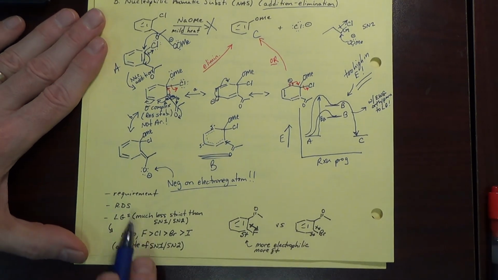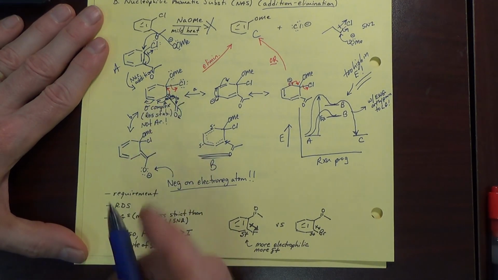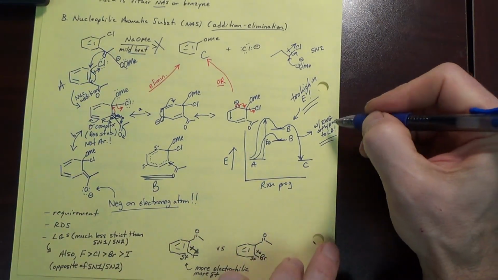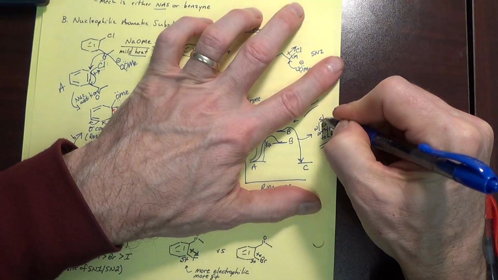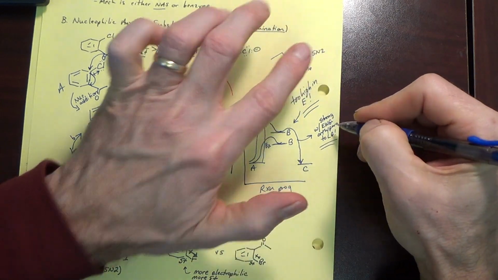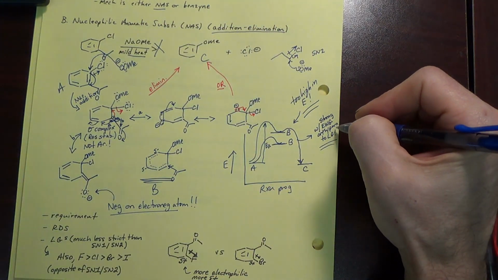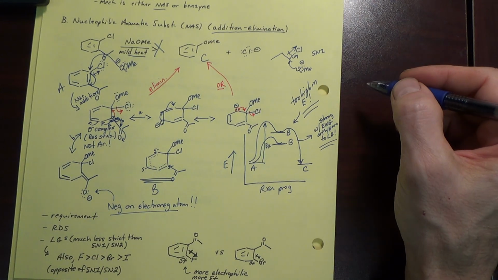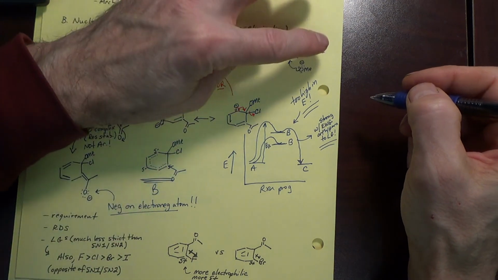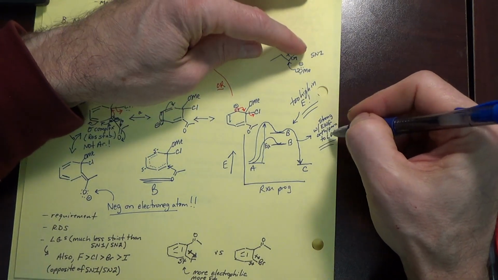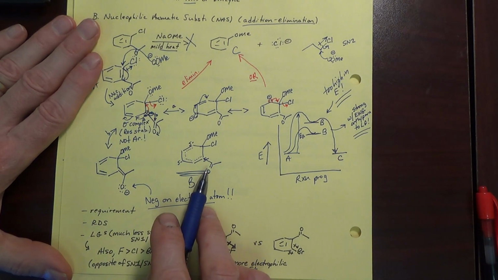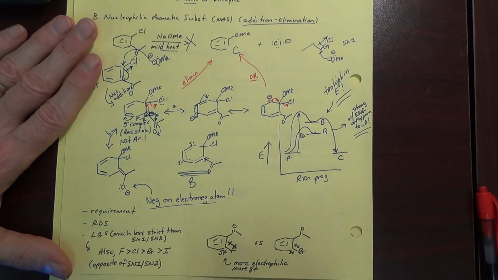All right, so what's the requirement for an NAS? Right here. We need a strong electron withdrawing group, ortho or para to the leaving group. What are examples of strong? Carbonyls, but also nitro groups.